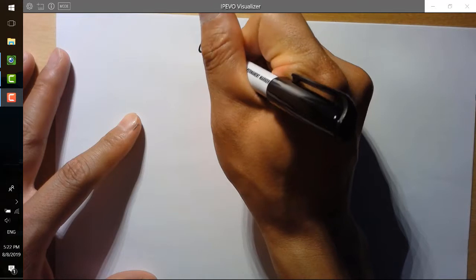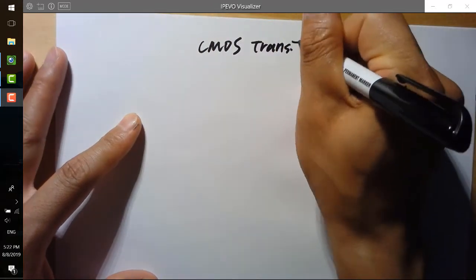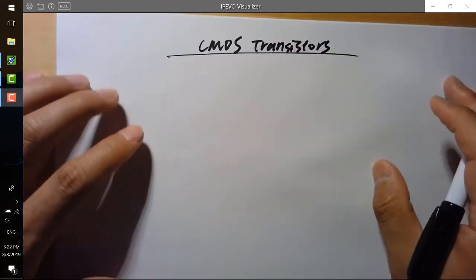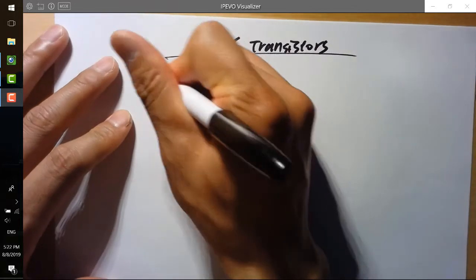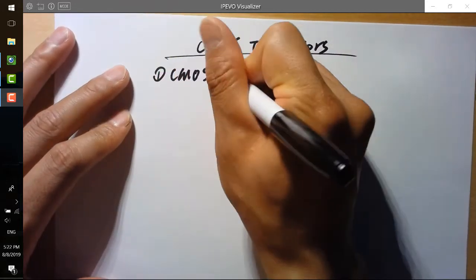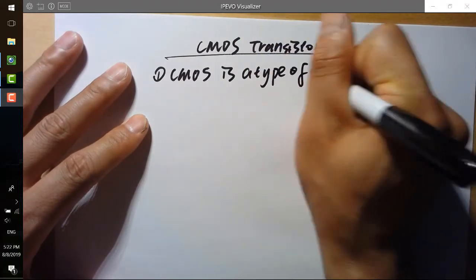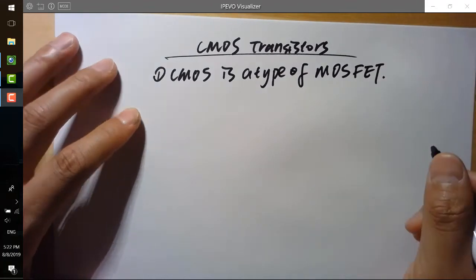So CMOS transistors. CMOS is a type of MOSFET. So what is MOSFET?